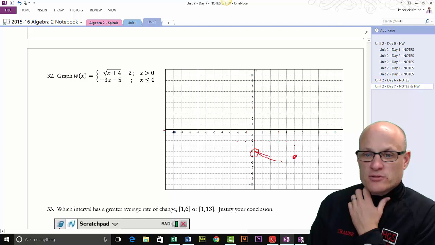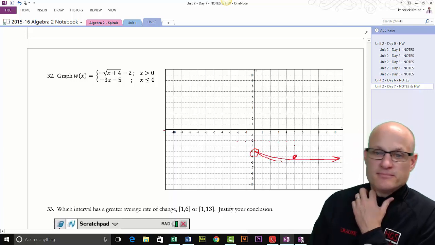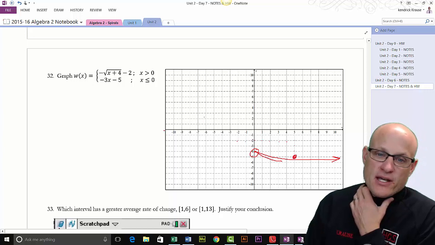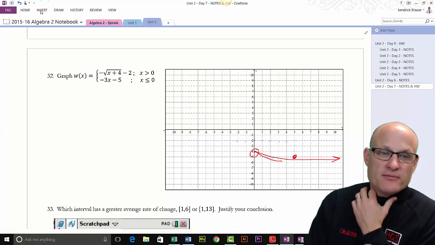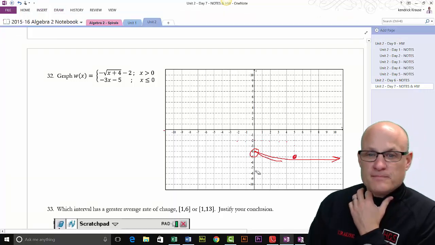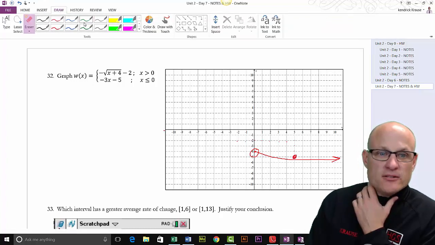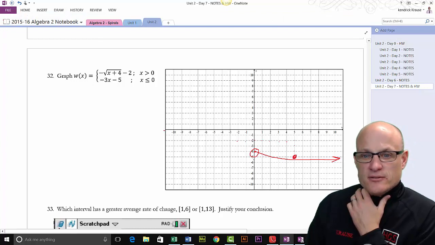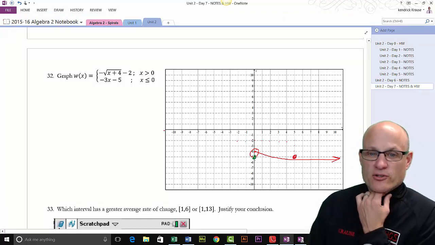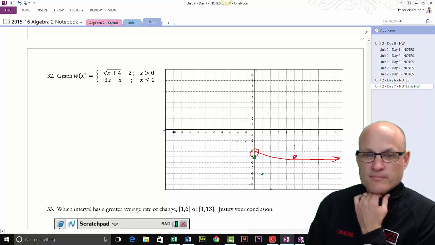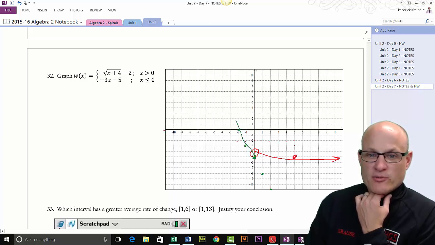So I'm going like that, skipping the first part. And then negative 3x minus 5 has a y-intercept of negative 5, which is right here. And it's a closed circle, and it's going down 3 to the right 1. But we only want to go for x is less than 0, so we'll only go in this part right here.